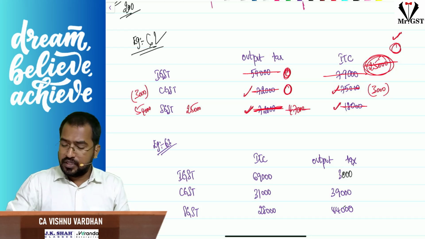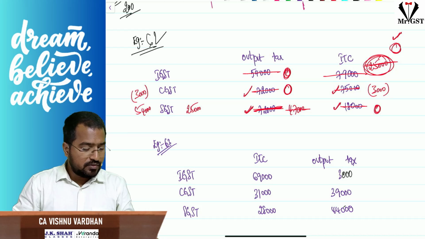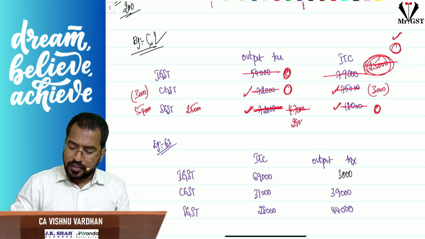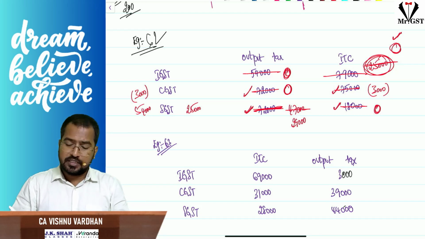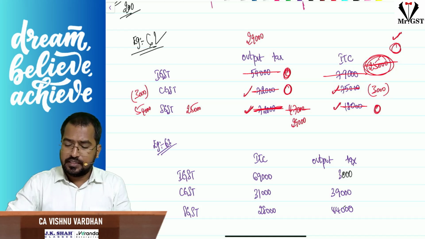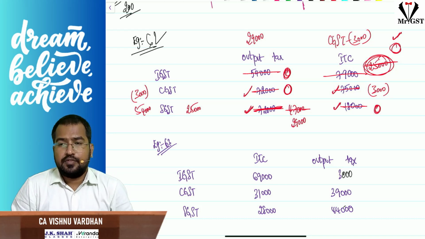You have only 18,000 ITC, that becomes 0, but liability is 47,000. So 47,000 minus 18,000, we have 29,000. Are you able to understand? So the liability output tax is 29,000. ITC is CGST carry forward 3,000. That will be the answer.